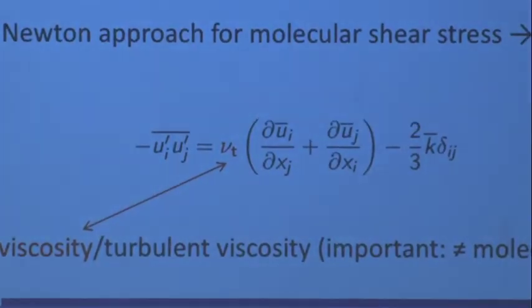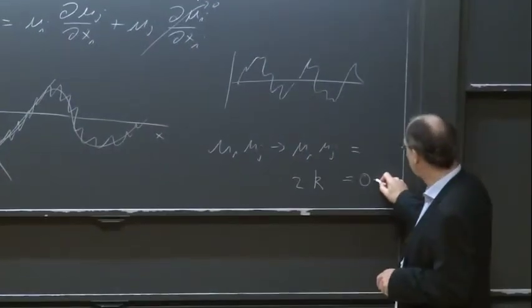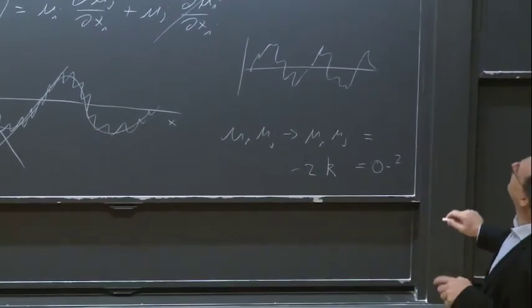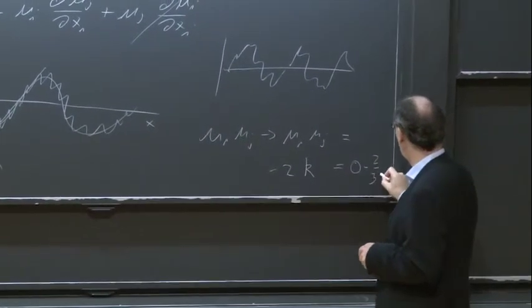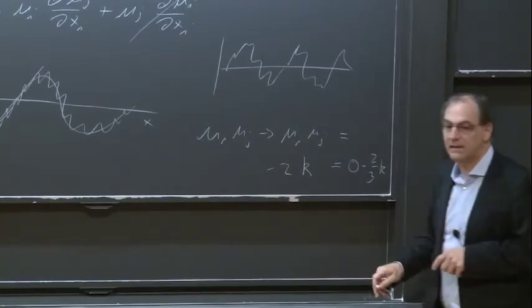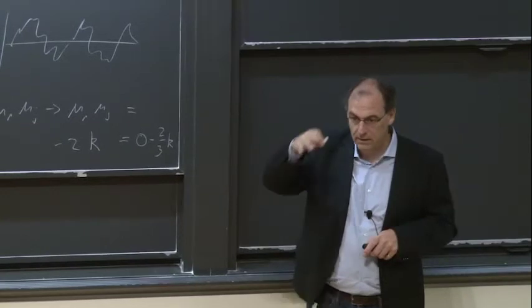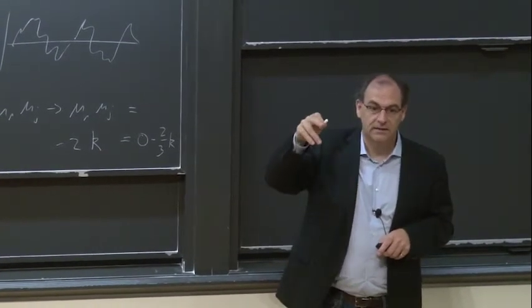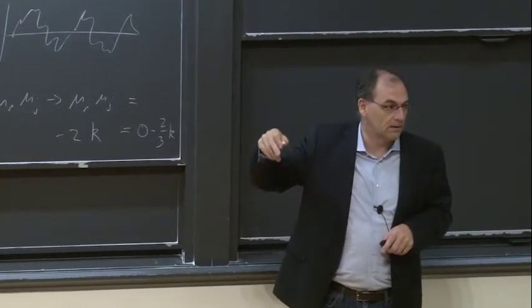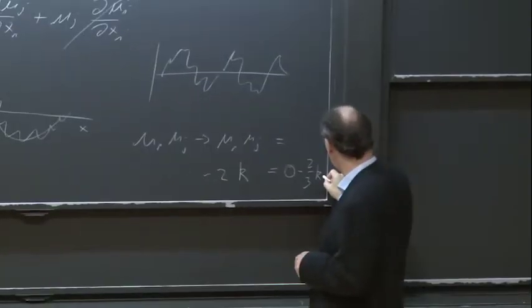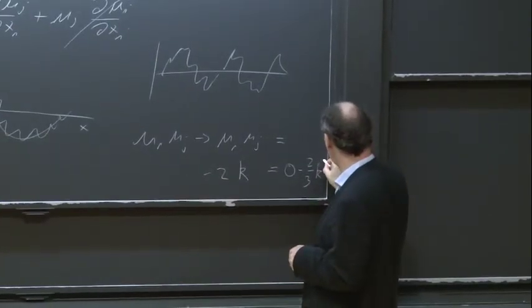So this just says minus 2/3 of k times delta_ii. The delta_ii is delta_11 plus delta_22 plus delta_33, which is 3, okay, times 2/3 k.